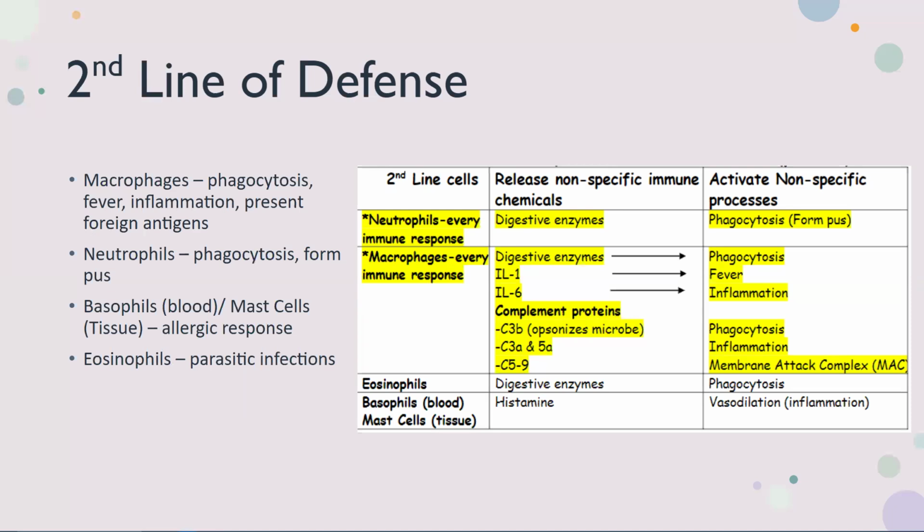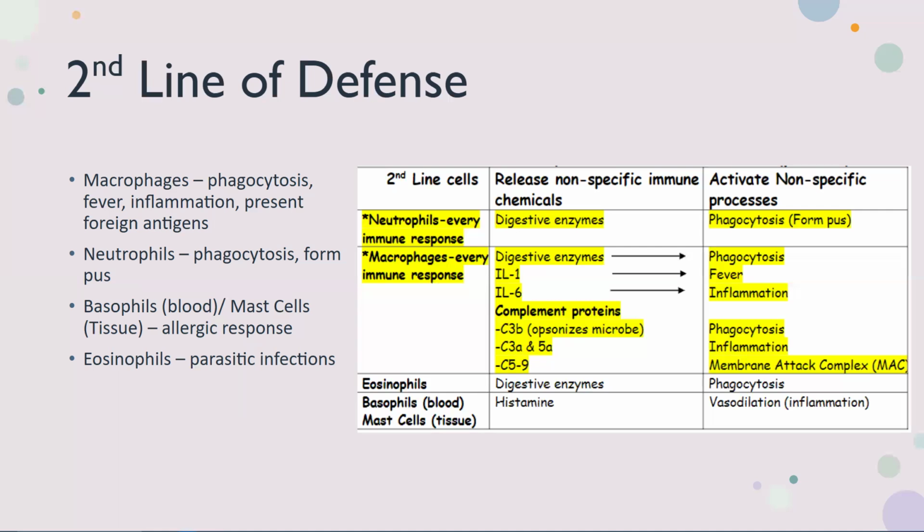And so neutrophils and macrophages should always be in your answers if it's asking you for any second line immune cell. And then remember that basophils or mast cells are used for allergic responses, depending on where the allergic response is occurring. And then eosinophils primarily are used for parasitic infections.